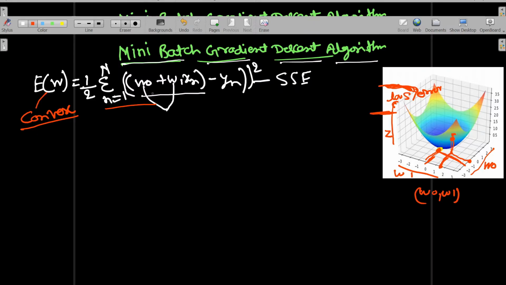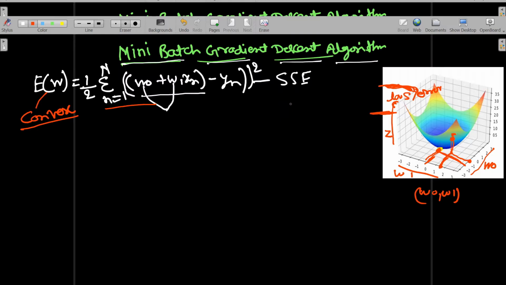This mini batch gradient descent algorithm is a little bit different from the gradient descent and stochastic gradient descent algorithms. The approach is more or less the same, but it is mainly applicable when you have a huge data set.